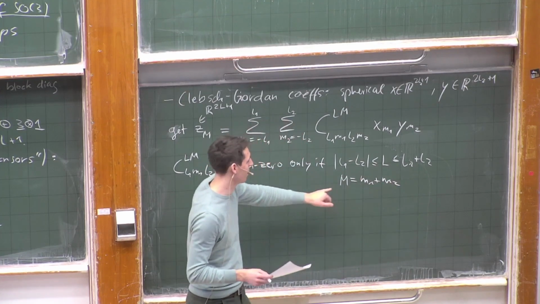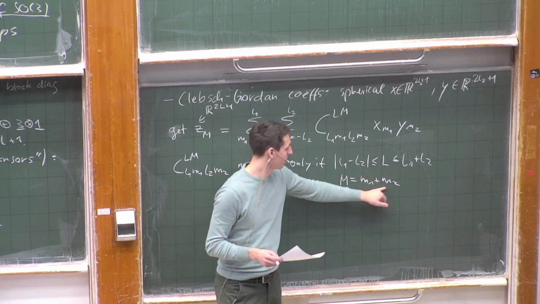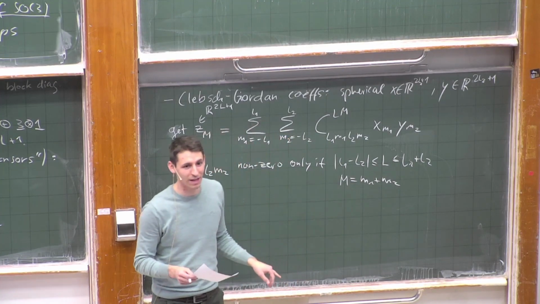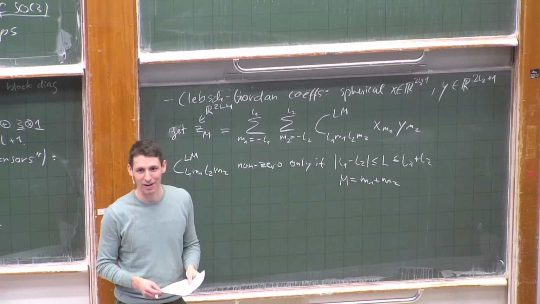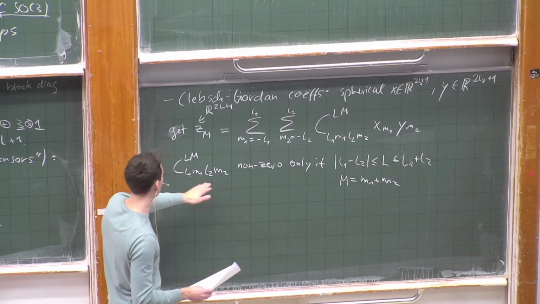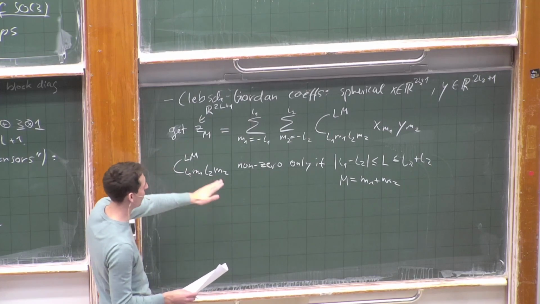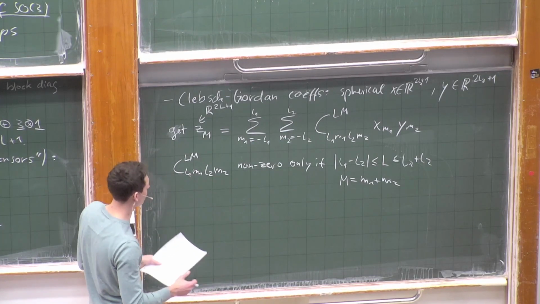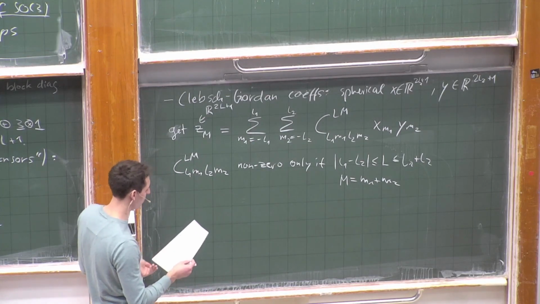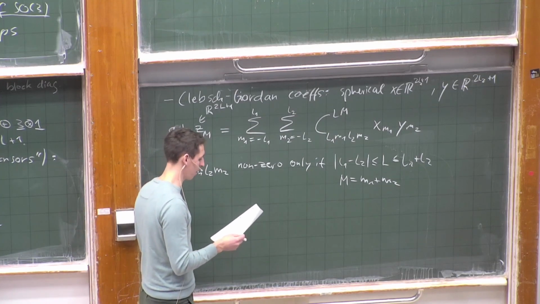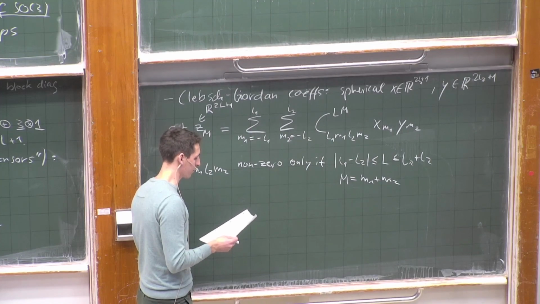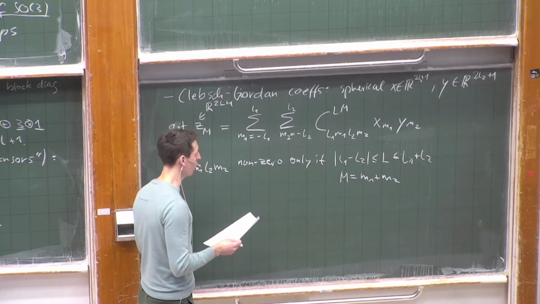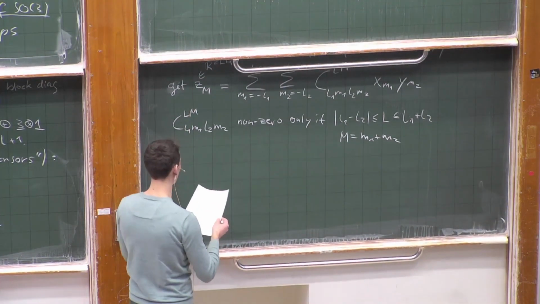And this condition here would be that the z component of the angular momentum should add up. So this is how this is motivated, and how there is a connection to the same mathematics actually arising in quantum mechanics in the coupling of angular momentum. All right, so far so good.